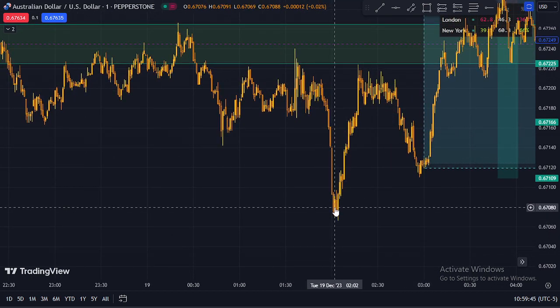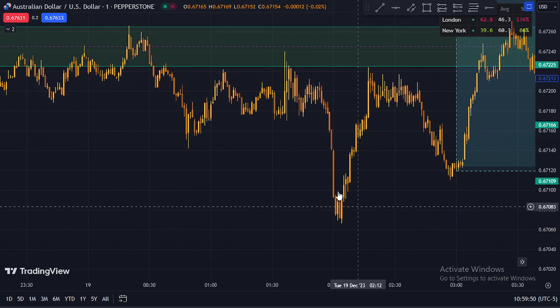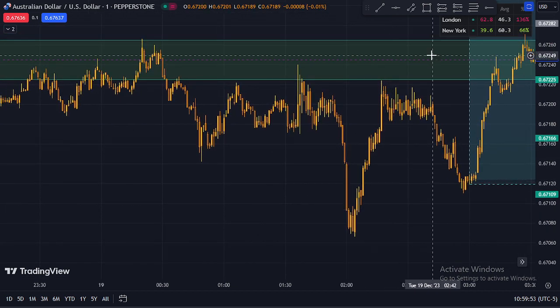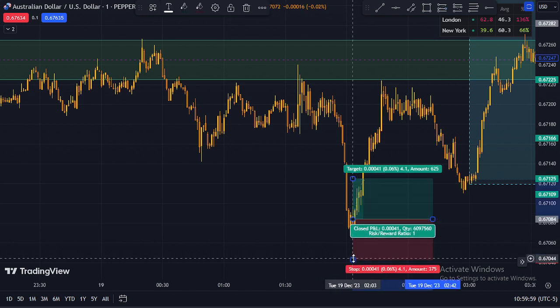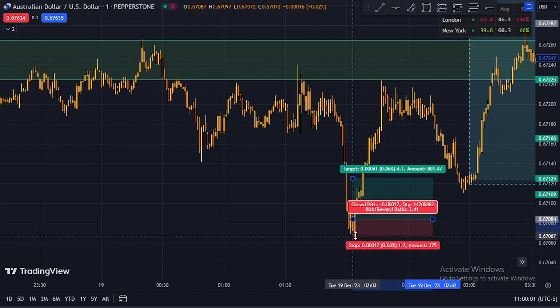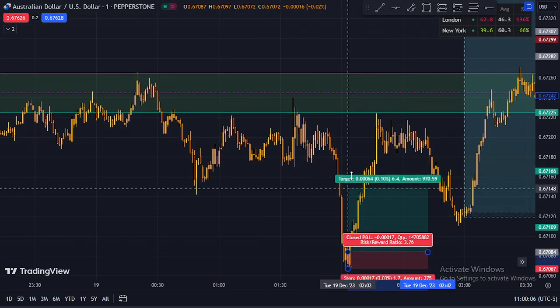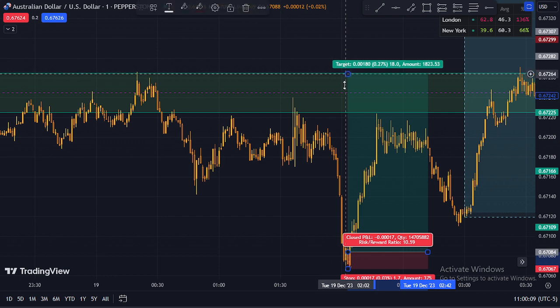So this was the entry. You could be going long right here. This was quite an aggressive entry. So we had that. After taking out the sell side, and then you could be aiming for that high.